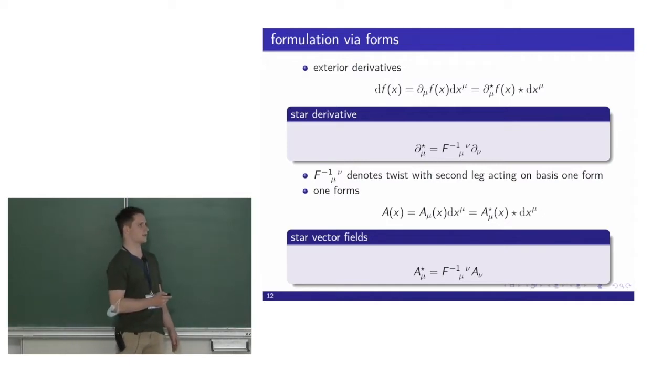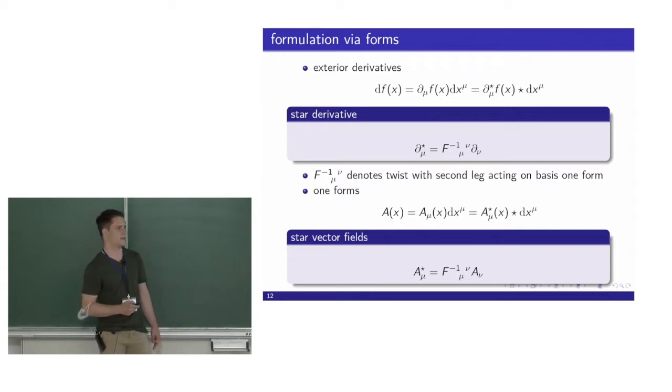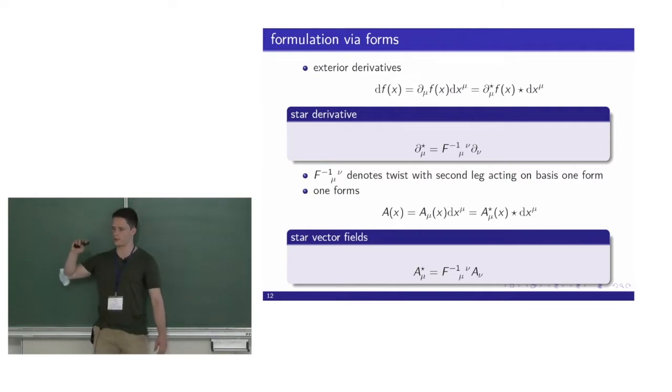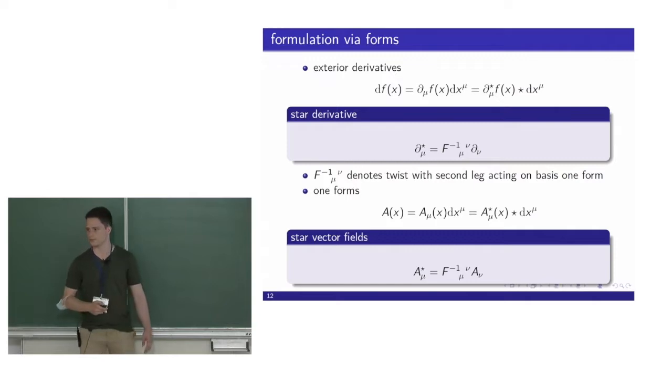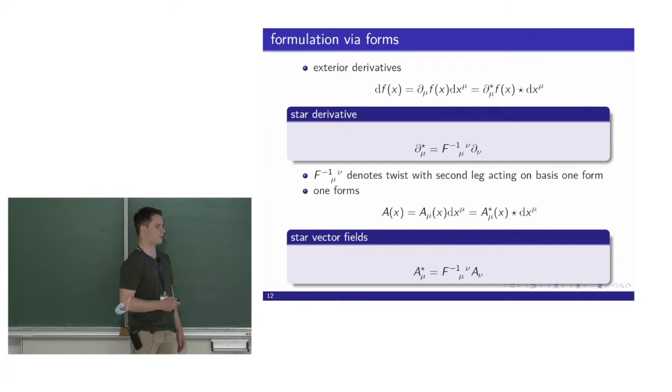Then we can use this equality between those expressions to relate this star derivative back to the untwisted partial derivative. And there appears this operator, this F inverse with these two indices, but this is nothing else than the inverse twist function, where the second leg in this twist is just acting on basis 1 forms. Therefore it just rotates the basis 1 forms into each other, which gives this index structure here.